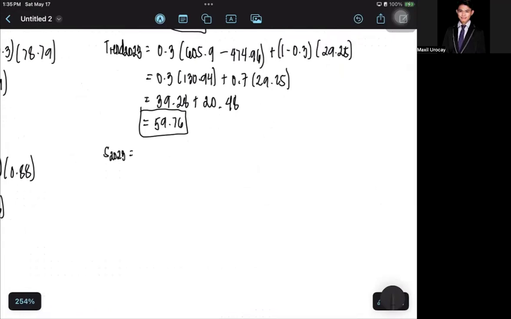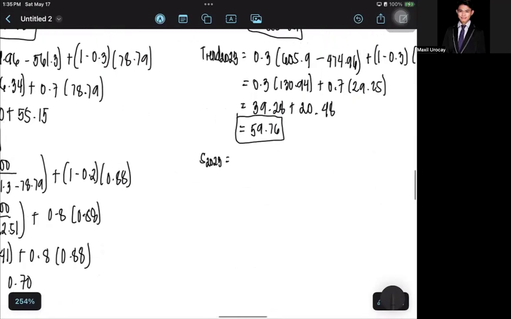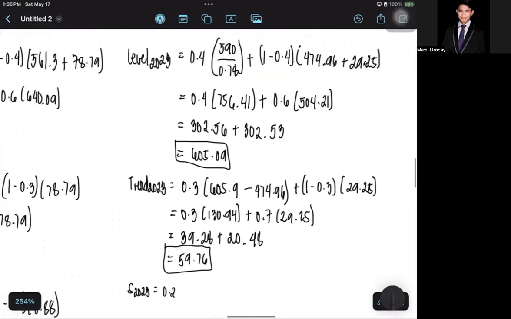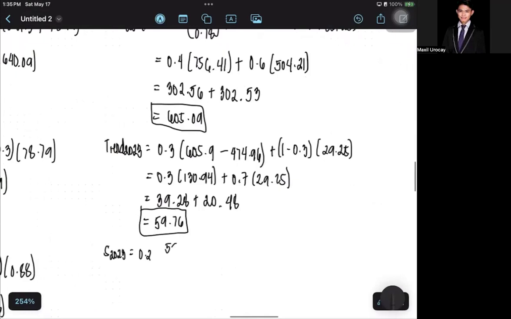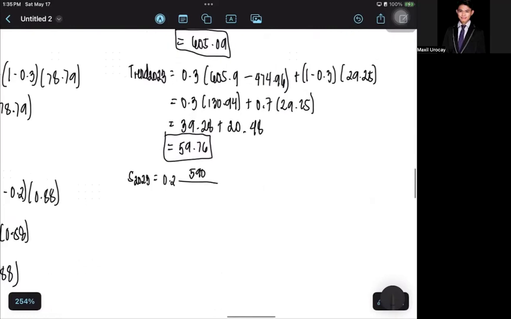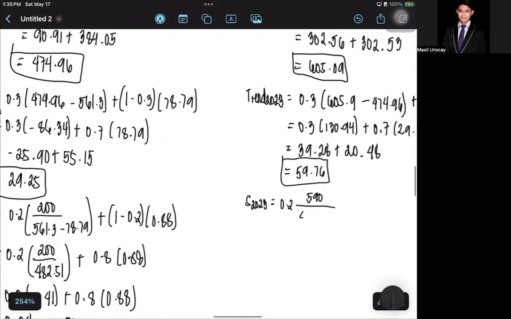So the seasonality 2023, that is the gamma, and your gamma is 0.2. Then your current data for that one is 590. The current data of 590 will be divided by the previous level, which is 474.96, then you will deduct the previous trend, which is 29.25.